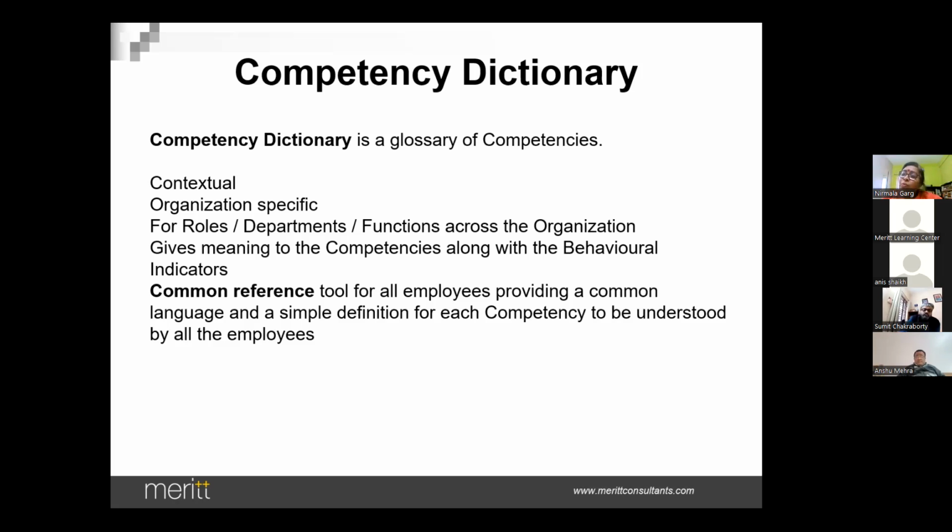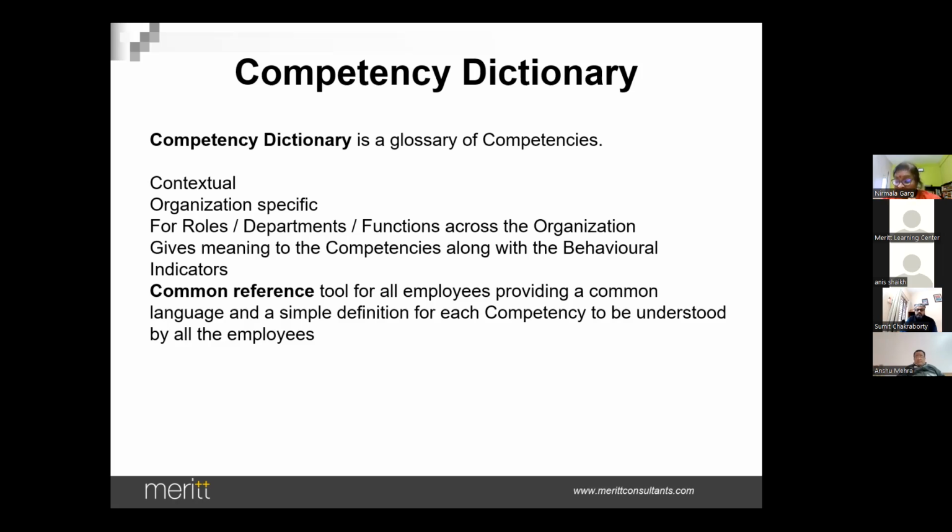And what you will write, Sumit, for your organization will be in your organization's context, because every organization has its own dynamic environment, marketing, external factors, right? Having said that, it is contextual and also organization specific. And as I said, for every role, department, function, etc.